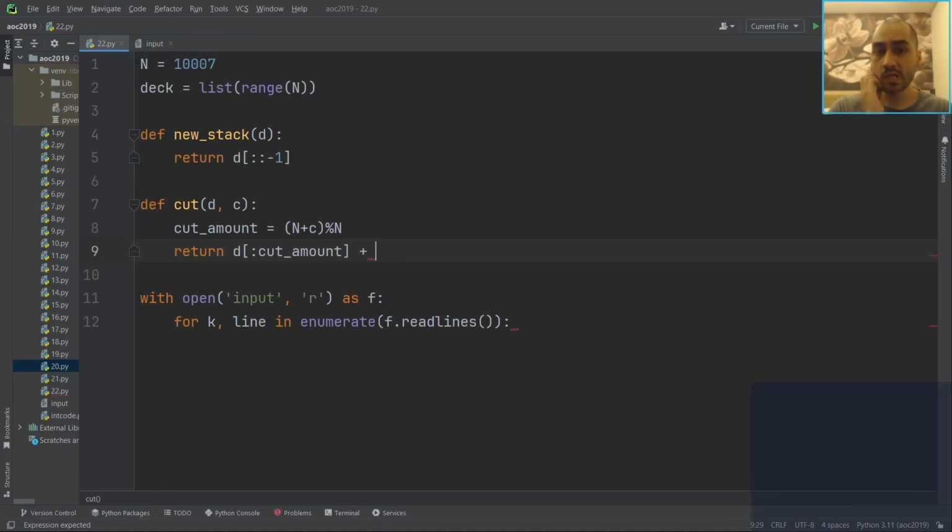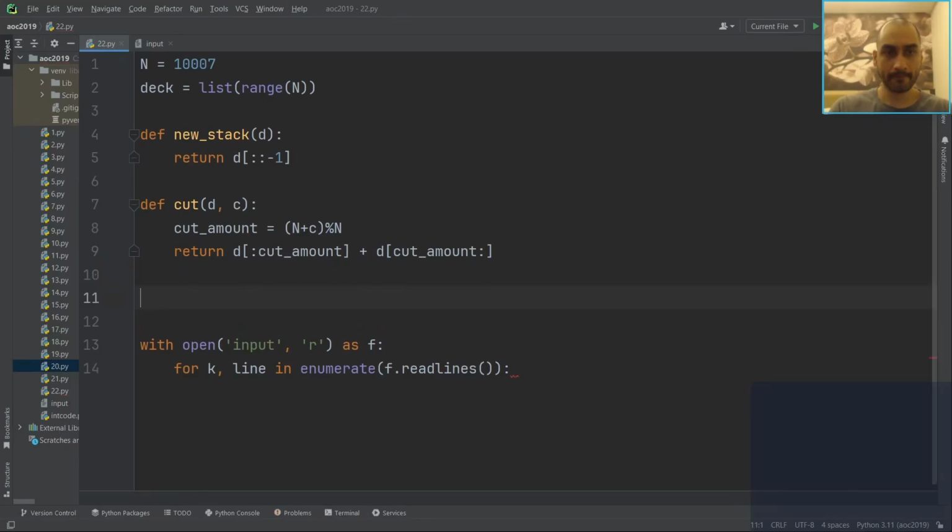plus onwards like that. Okay. And then finally increment.